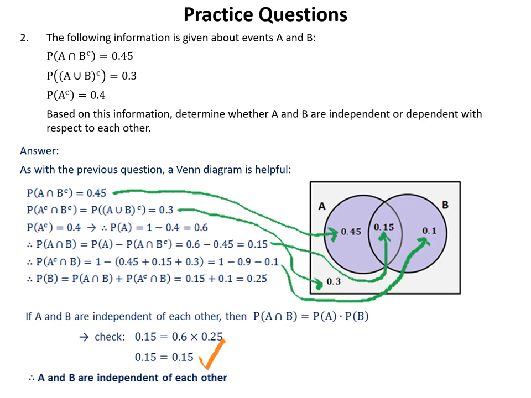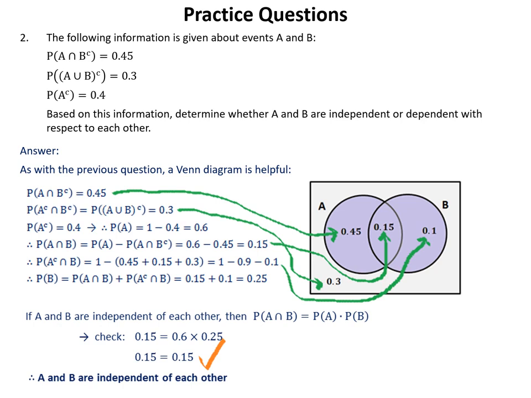So now we know that the total of the 2 distinct regions that make up the set A must equal 0.6, and since the part of A that's not in B is 0.45, we simply subtract 0.45 from 0.6. So we get that middle area, the intersection of A and B. So the probability of A intersect B is therefore 0.15, and we put that in that middle piece.